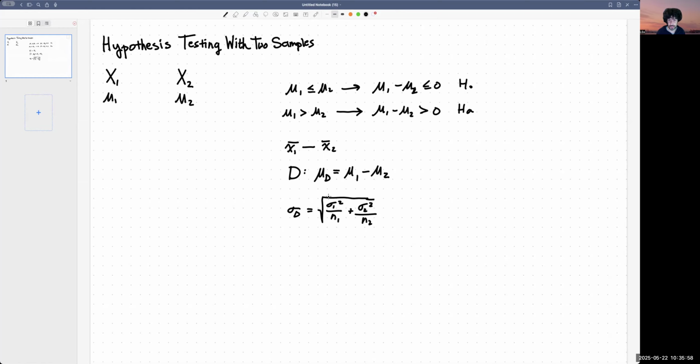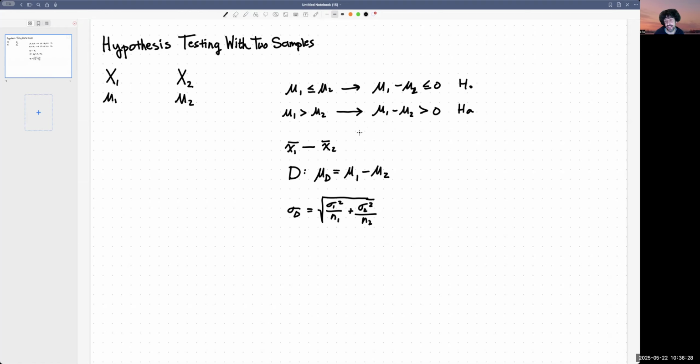Okay, so again, let's be clear what everything is here. The standard deviation of this new difference distribution that I call D is determined by the square root of the sum of the standard deviation of the first distribution squared divided by the sample size we took from the first distribution, and the standard deviation of the second distribution squared divided by the sample size of our second sample. Okay.